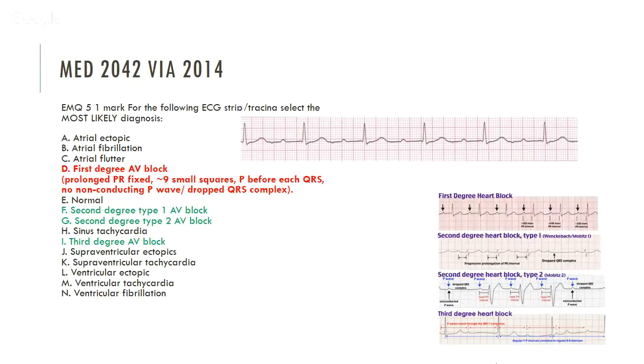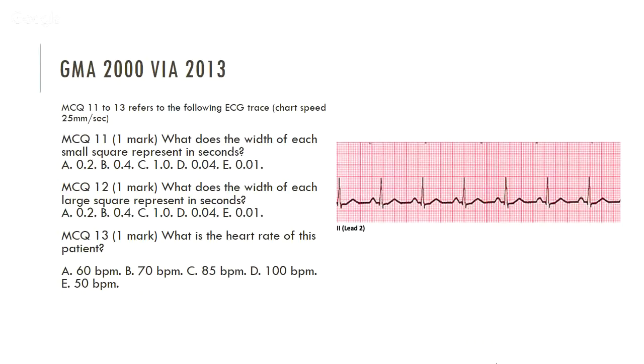So I think the answer is first degree AV block, because there's a prolonged PR interval. It's fixed and there's P before each QRS. There's no non-conducting P waves or dropped QRS for like a second degree heart block. So I think most likely it's first degree AV block.